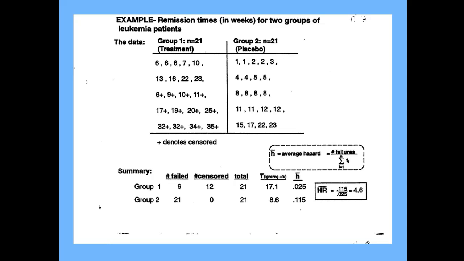So how many were censored from the first failure time until the second failure time? 1. Which one was it? 6 plus, right? So it's 1. And that's how it goes.